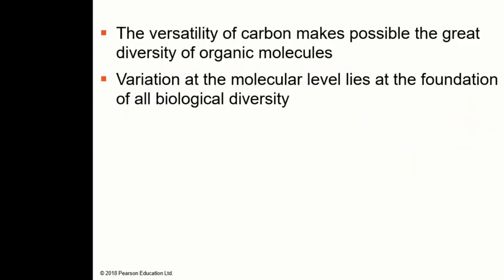Then the chemical elements of life, as a review, is the versatility of carbon, which makes possible the great diversity of organic molecules and the variation of those particular molecules, which lies at the foundation of biological diversity.